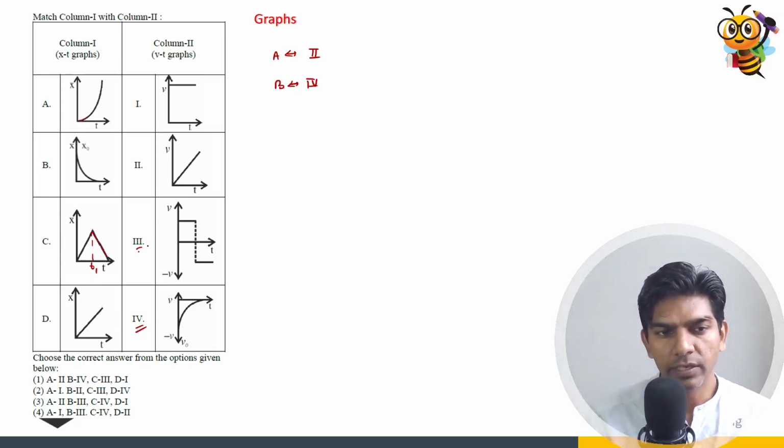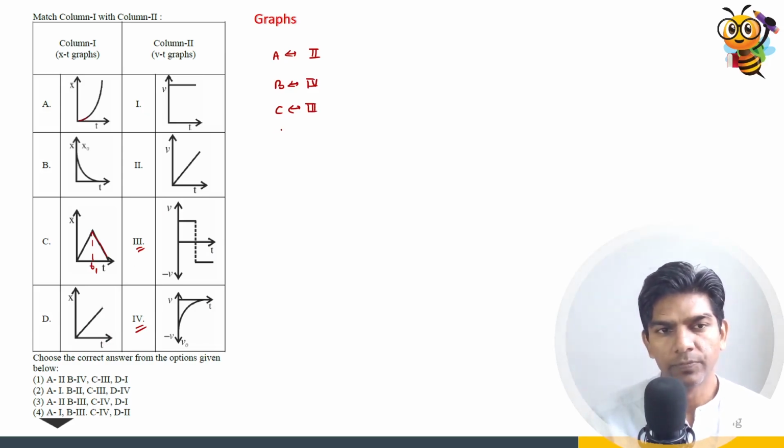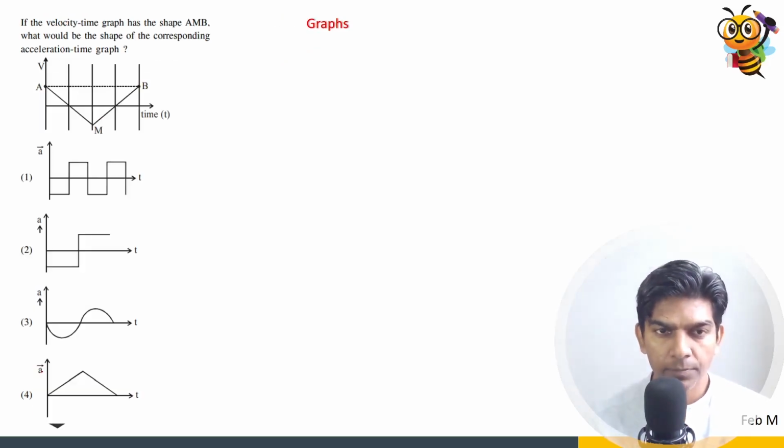So C corresponds to 3. Now for D, the xt graph is linear, so dx by dt will be constant, so velocity should be constant, so D corresponds to 1. So let us see the options. A is 2, B is 4, C is 3. So option 1 is the right answer.